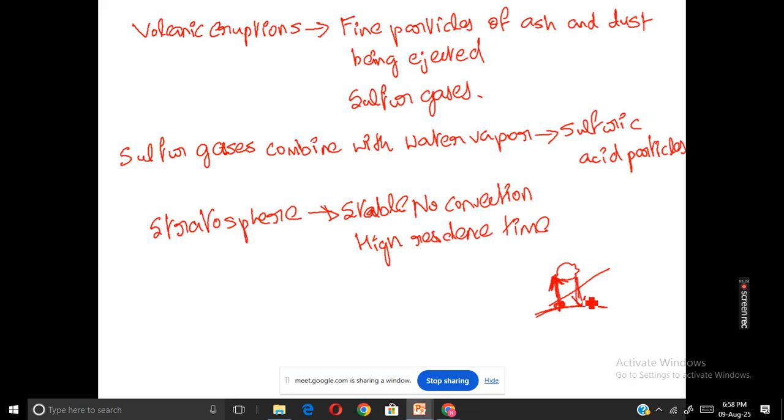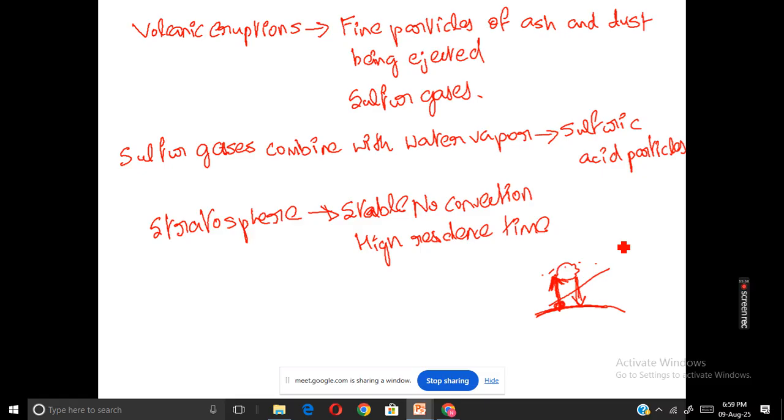The particles in the troposphere also include dust and other particles, but due to turbulent mixing and convective activity, they have very little residence time. Whatever goes into the troposphere will come down and be deposited on the surface in a week's time. So it won't stay permanently in the troposphere.